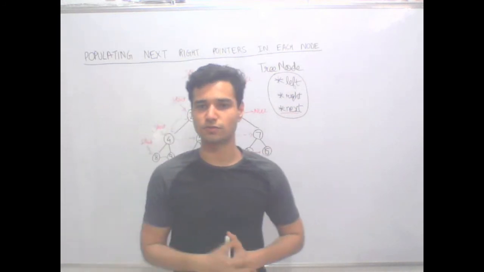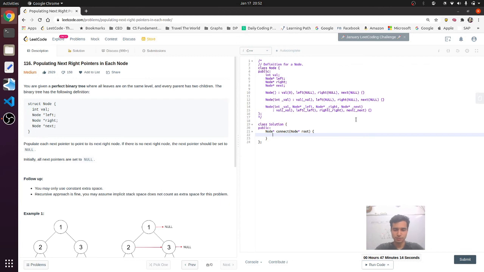So now let's code it. So let's start coding. First we will just take care of the base case when it is a null pointer. We will just return root, and now we will have a start pointer, which we don't need to assign anything, and a current to keep track of the starting node of each level and move left at all times.